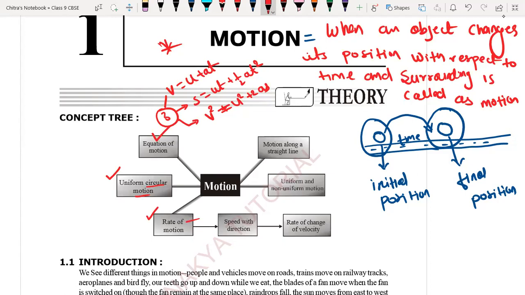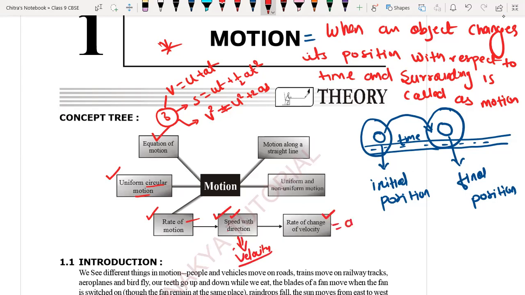Then we will cover speed with direction, and speed with direction is nothing but velocity. So we can understand from here that speed is a scalar quantity and direction is added here, so velocity is a vector quantity. Then the rate of change in velocity, which is nothing but acceleration. We will cover that also in this chapter.